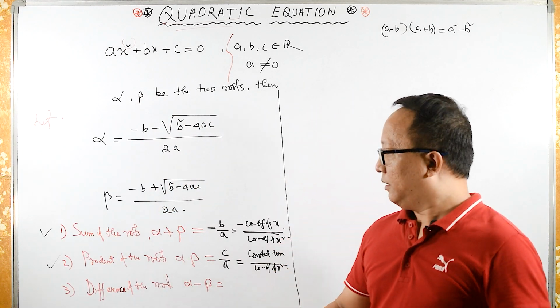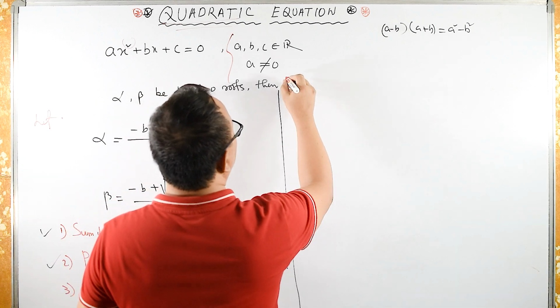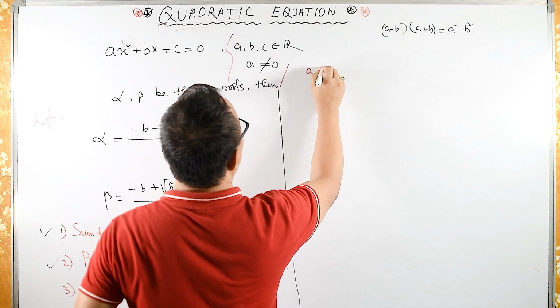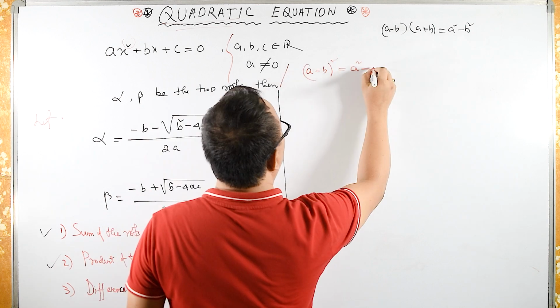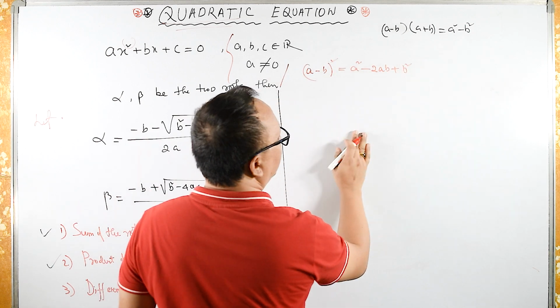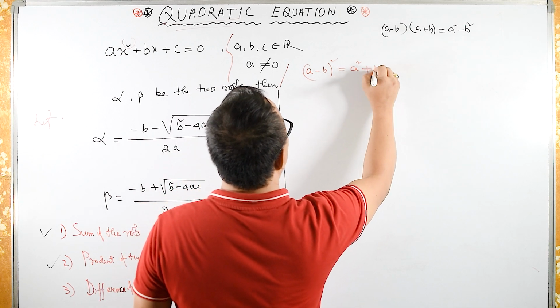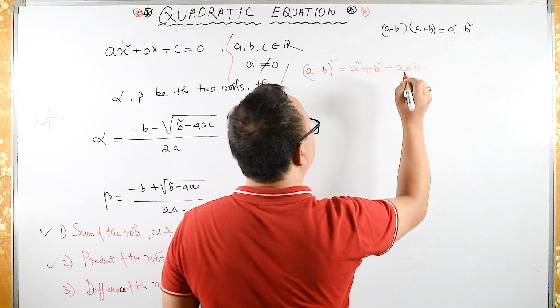Now what is difference? Means alpha minus beta. We have the formula a minus b whole square is a square plus b square minus twice ab.